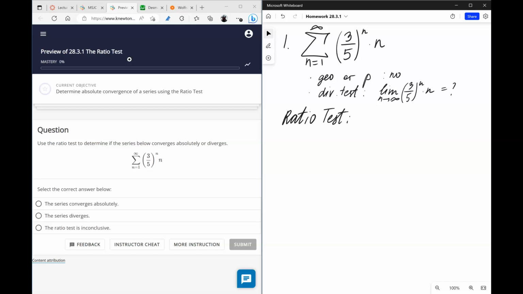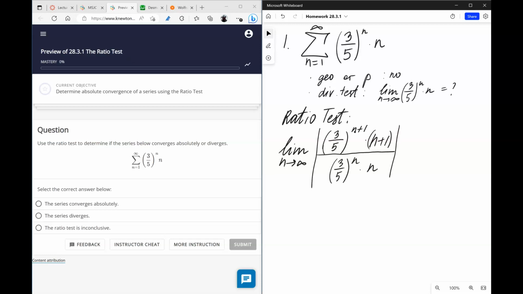In the ratio test, we're going to find the limit of the ratio of the n plus 1th term over the nth term, and the absolute value in case there's a negative sign somewhere there.